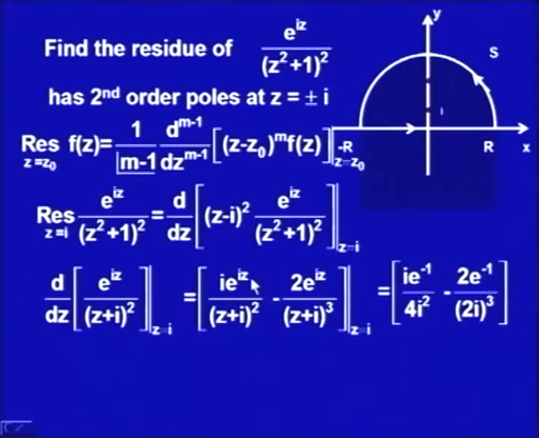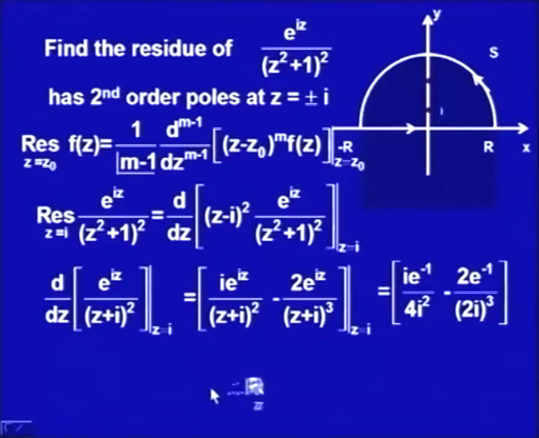So, what we have got is i e^(-1)/(2i)² minus 2 e^(-1)/(2i)³. (2i)² is 4i², and (2i)³ is 8i³. i² is -1, so we get -i e^(-1)/4, and here the 2 cancels out, i³ is -i, so we get plus e^(-1)/(4i), which again gives me -i e^(-1)/4.